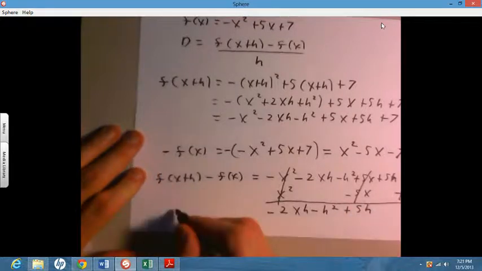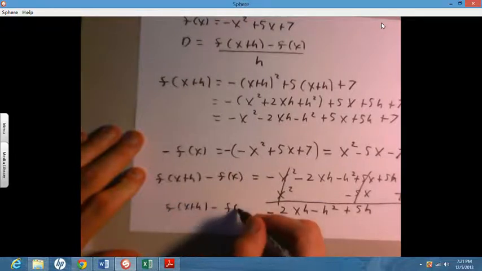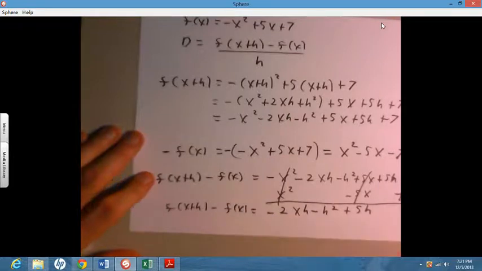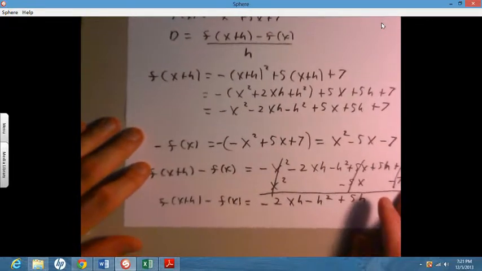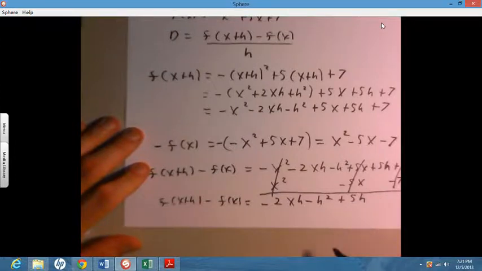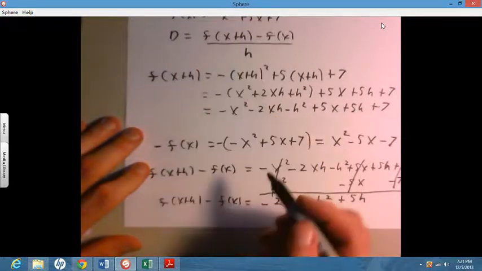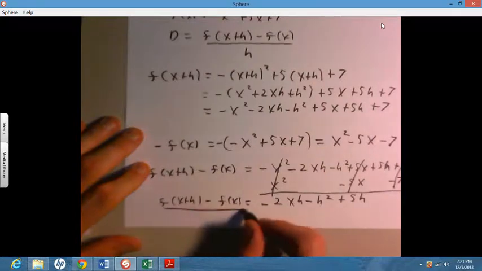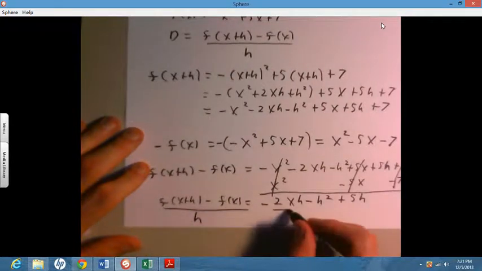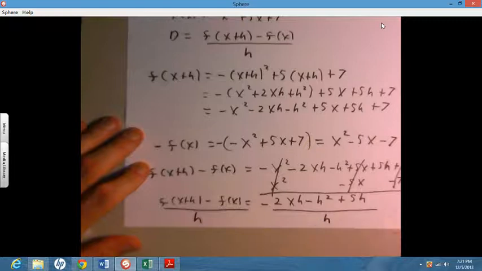And I'll just bring this down. Okay? So we have this over here: f of x plus h minus f of x is equal to this. But the difference quotient means everything has to be divided by h. And that's the difference quotient, but I can simplify this.